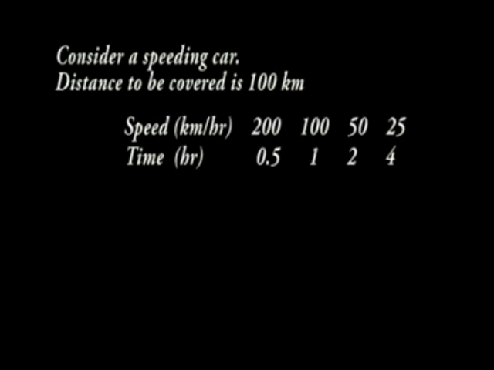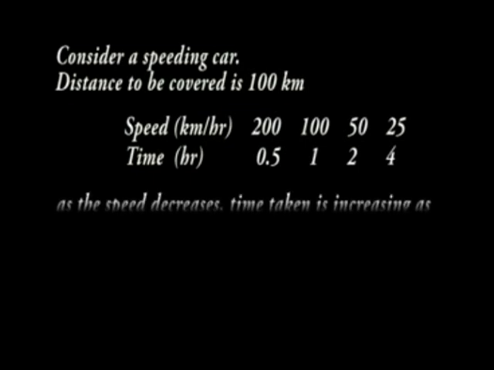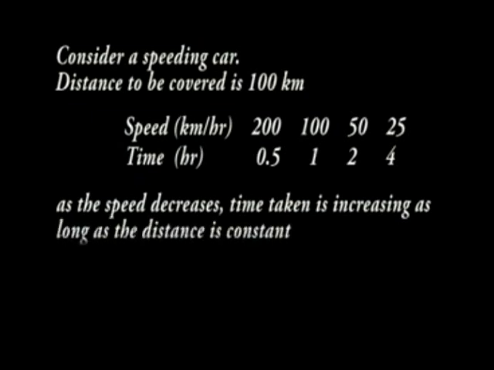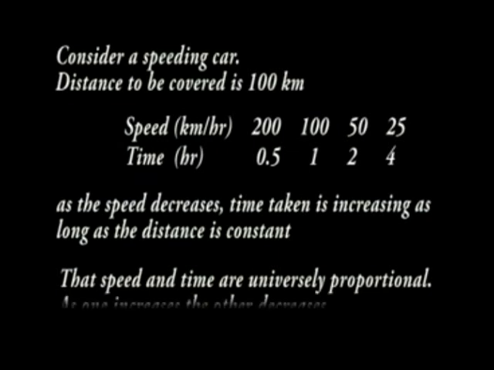You realize that as the speed decreases, time taken increases, as long as the distance is constant. In such cases, we say that speed and time are inversely proportional. As one increases, the other decreases.